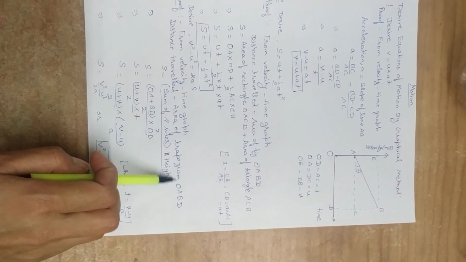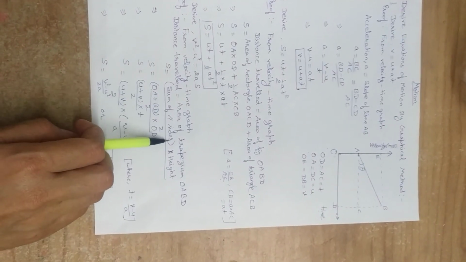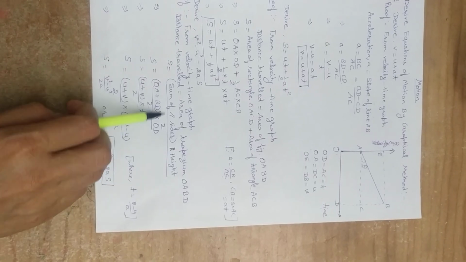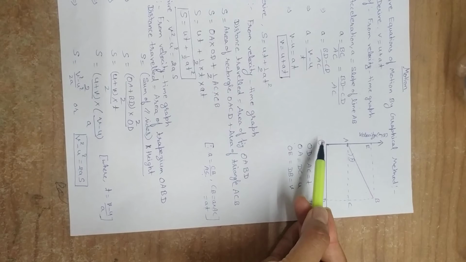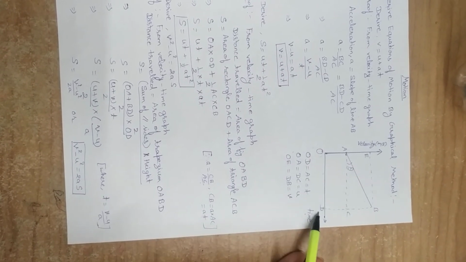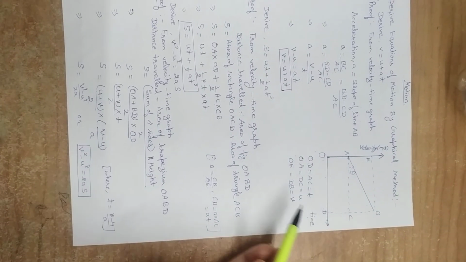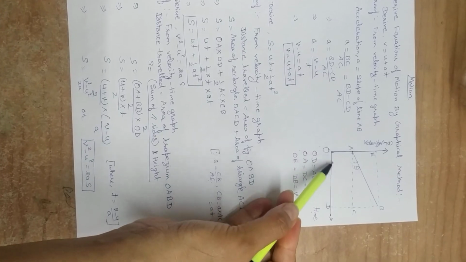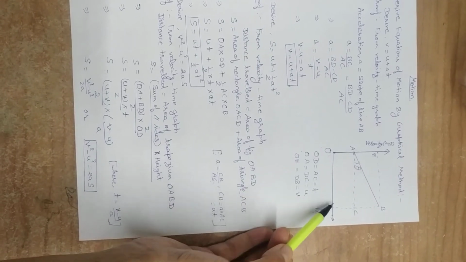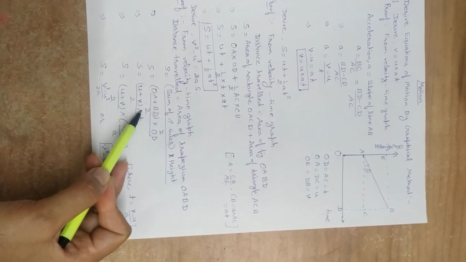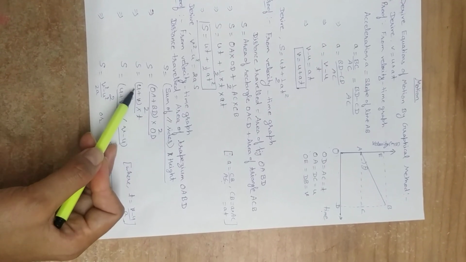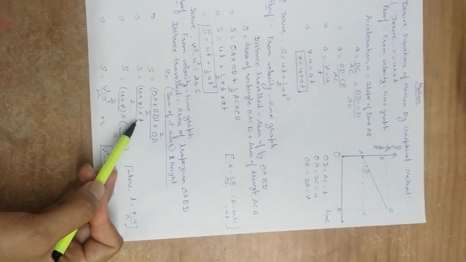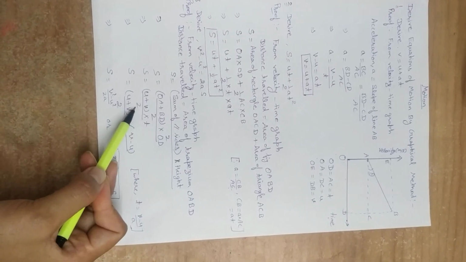The area of trapezium is given by the sum of two parallel sides multiplied with height and divided by 2. The sum of two parallel sides is OA plus DB, multiplied with height OD, divided by 2. By replacing the values of these quantities, OA is equal to u, BD equal to v, OD equal to t by 2.